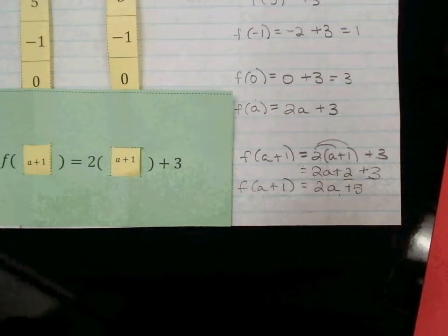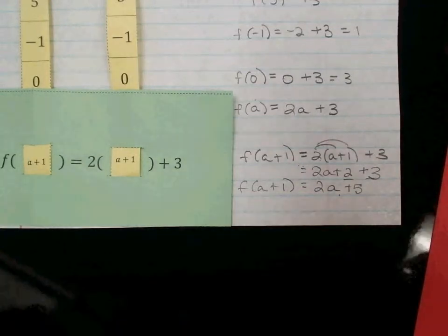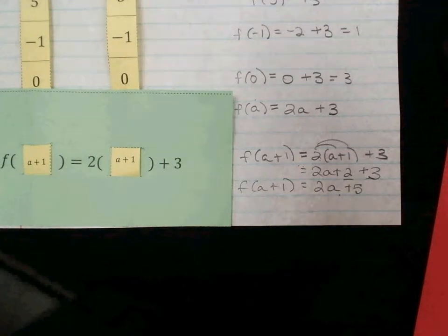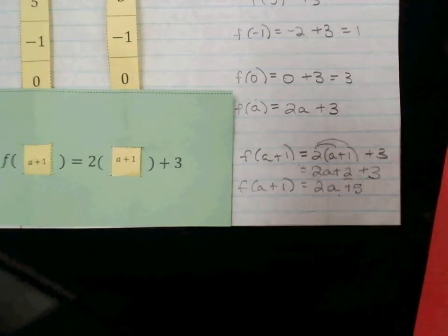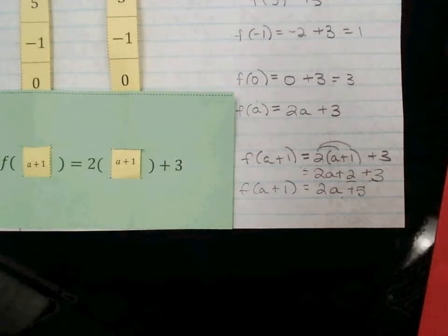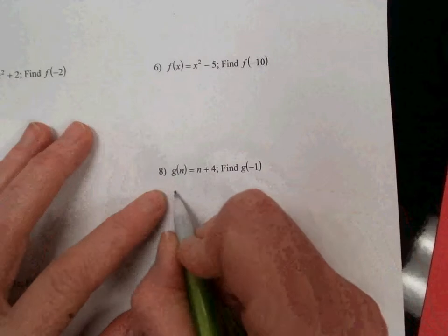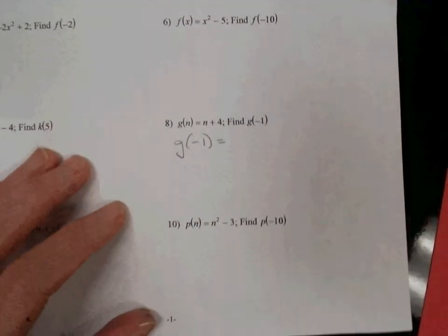So on your assignment for tomorrow, things to watch out for would be when you're plugging a negative in, and it's raised to the second power, what do you need to make sure and include around the negative number? Parentheses, right? So on questions like 8 here, if I have g of negative 1, well, that's not what I meant.